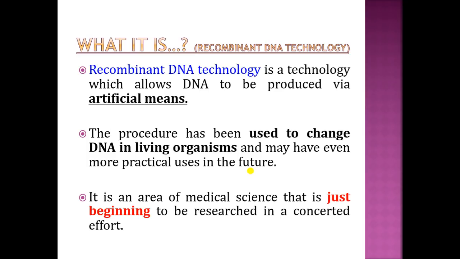Okay, so it is an area of medical science, as I told you, though it is almost 3 or 4 decades old technology, we still say that it's just a beginning to be researched in concerted efforts.